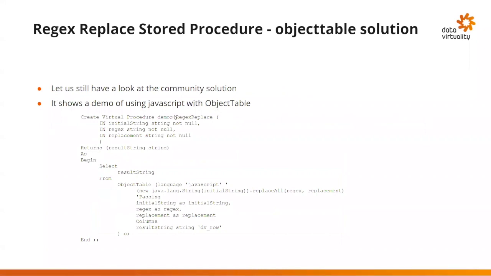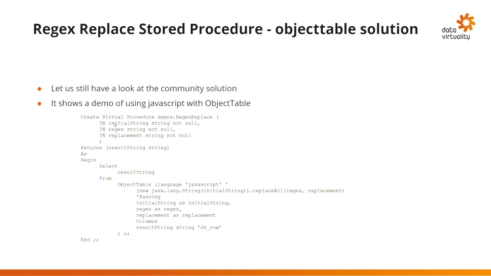All right. So here we are using JavaScript with object table, and Carlos is going to shed some light on this and provide you some details in his track next. Okay, a stored procedure. Here we put it in the demos schema.